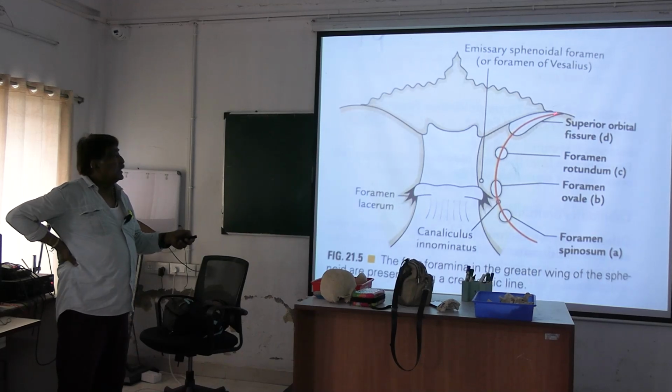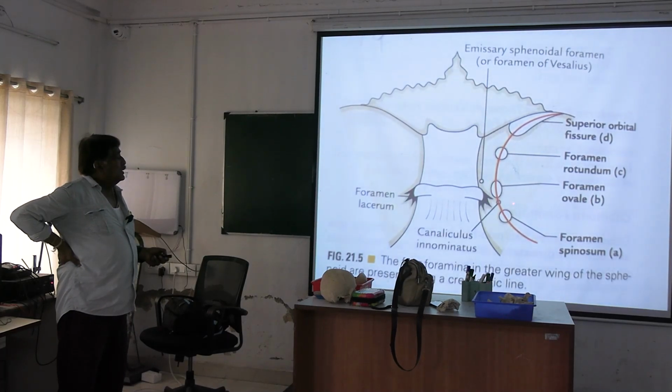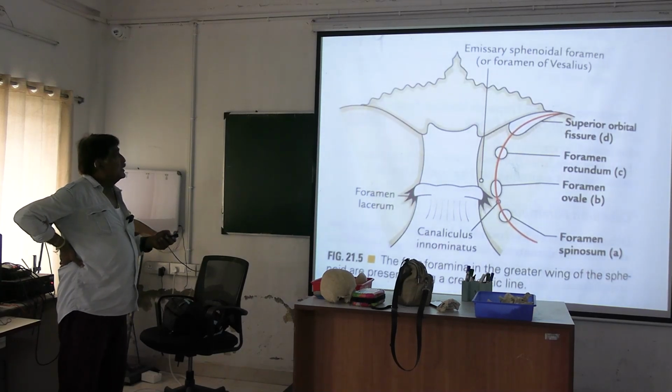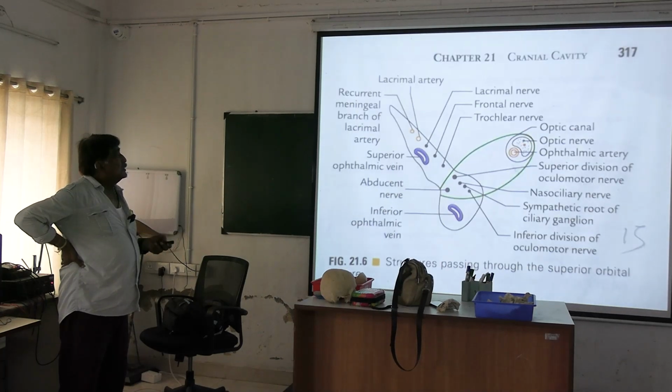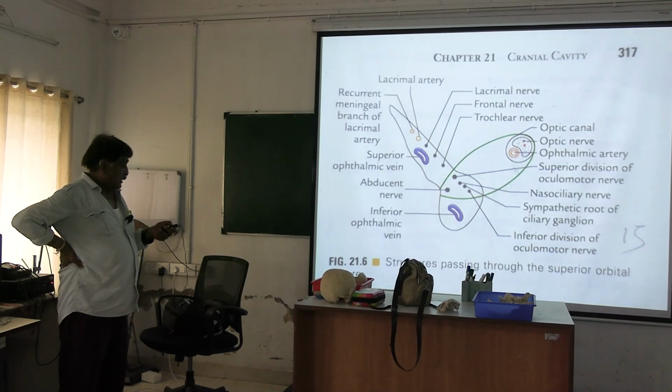On the concentric line, you can see the superior orbital fissure, the foramen rotundum, the foramen ovale, foramen spinosum, and canaliculus innominatus. Foramen lacerum is here. This is one very descriptive picture. Now, the cranial cavity chapter, these are from Bistam Singh.